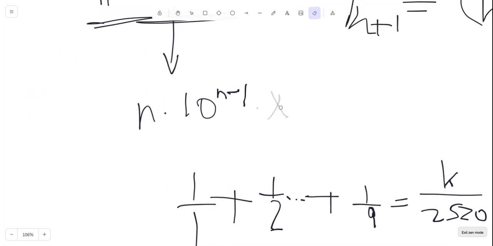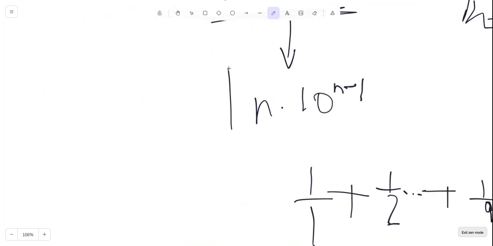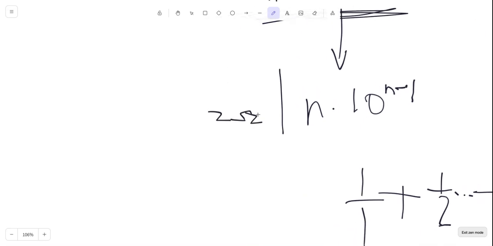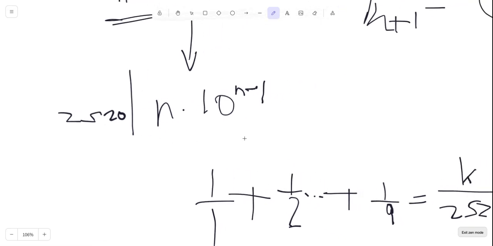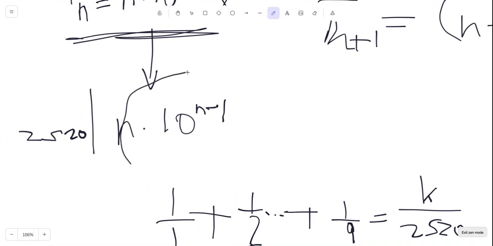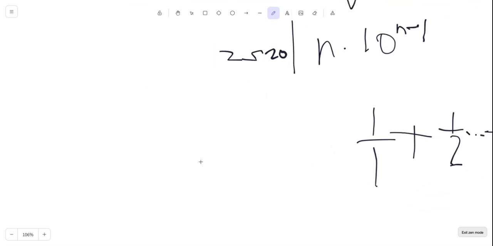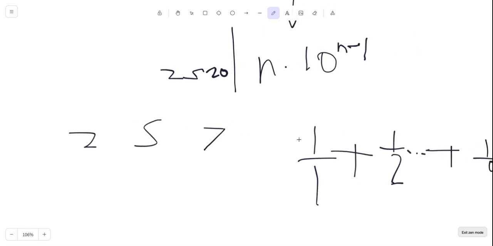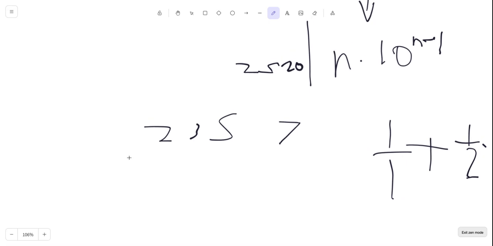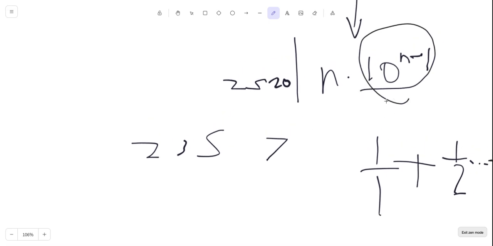Meaning this would be a multiple of 2520, so 2520 divides it. Now, the only primes dividing 10 are 2 and 5. But what are the primes less than 10? 2, 3, 5, 7. The 10 is already taking care of the 2 and the 5.